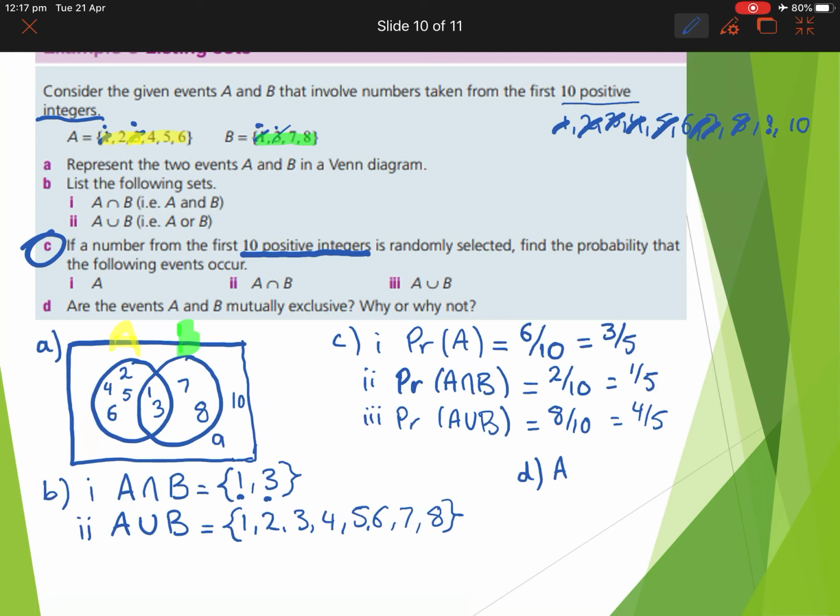So A and B are not mutually exclusive because A intersect B equals {1, 3}. So they have an intersection, which means they're not exclusive.